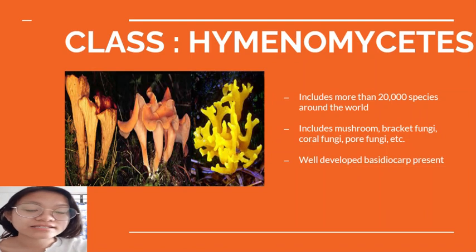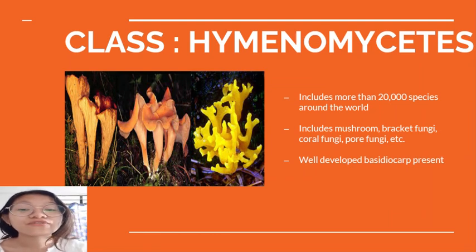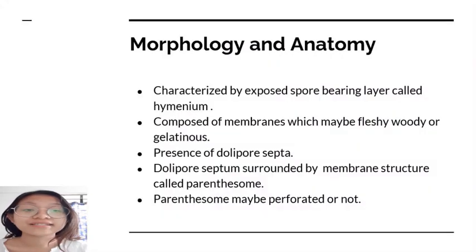The next class is Hymenomycetes, which includes more than 20,000 species around the world, and the most distinguishing feature of this class is that they have a well-developed basidiocarp. They include mushrooms, bracket fungi, borer fungi, coral fungi, etc. Coming to the morphology and anatomy of this class, they are characterized by an exposed spore-bearing layer called the hymenium.